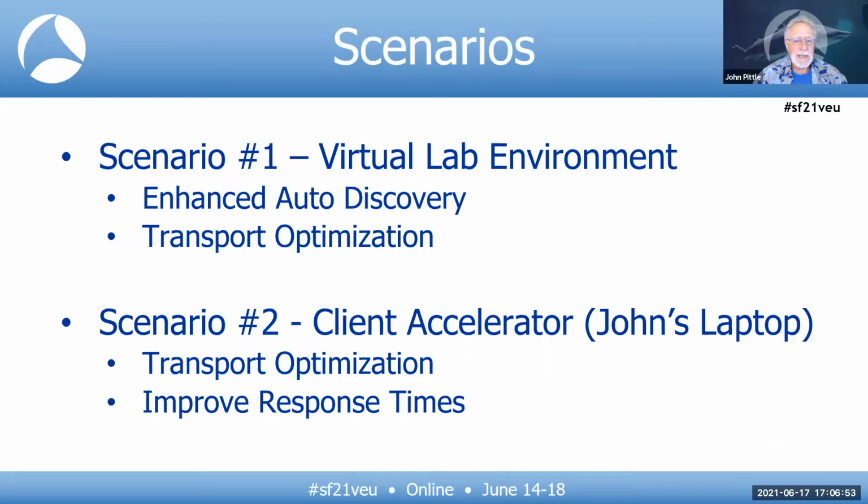It has the name Client Accelerator, and it's going to be connecting to a Steelhead in Office 365 known as SaaS Accelerator. And I'll be looking at some controlled tests where we're going to look at transport optimization and improved response times.